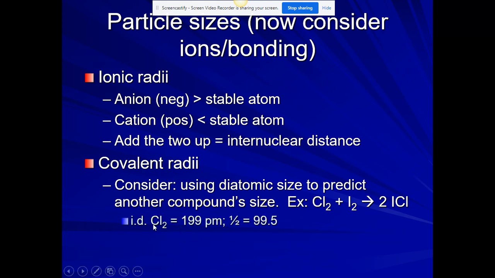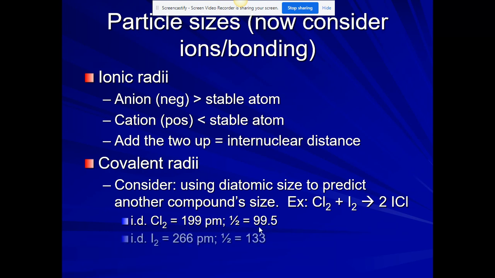For example, we have chlorine gas. We know that distance with those two chlorines there. I don't know what the distance of just chlorine itself is. I know the ion when it's ionic, but when it's covalent, we have to do something different. So we see that chlorine gas has an internuclear distance of 199 picometers. That means that if the electrons are just bouncing back and forth, one of these chlorines is going to have just a 99.5 picometer size.